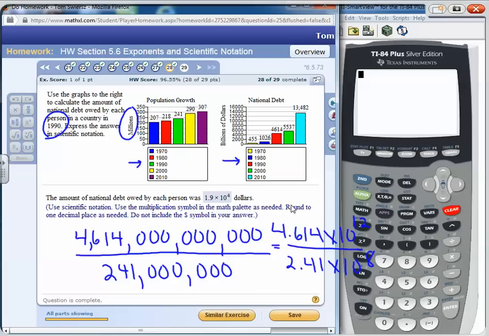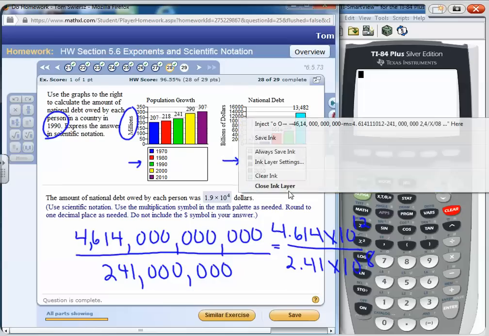So again, it's going to be 4.614 times 10 to the 12th power divided by 2.41 times 10 to the 8th power.